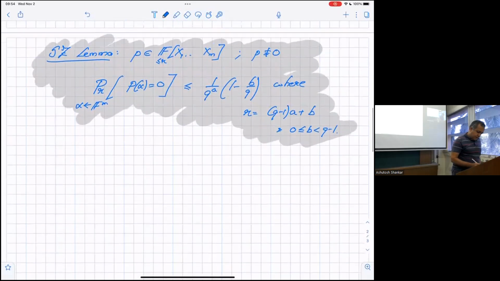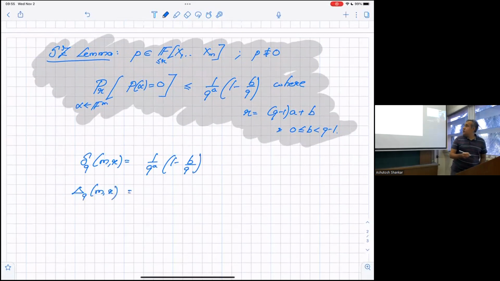This will give us the distance of the Reed-Muller code. The fractional distance of the Reed-Muller code, delta_q(m, r), will be this quantity 1 by q to the a, times 1 minus b by q, and the actual distance will be this multiplied by q to the m.